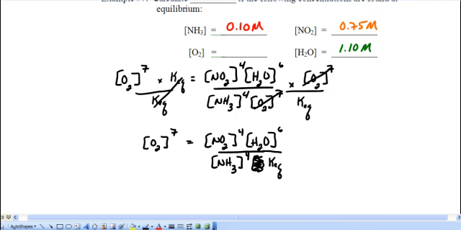And so now what I'm left with is oxygen raised to the 7th power equals the NO2 raised to the 4th, the water raised to the 6th, divided by the ammonia raised to the 4th, and KEQ is also in the denominator. And now the last thing I would do to solve for the oxygen is raise both sides to the 1/7 power.